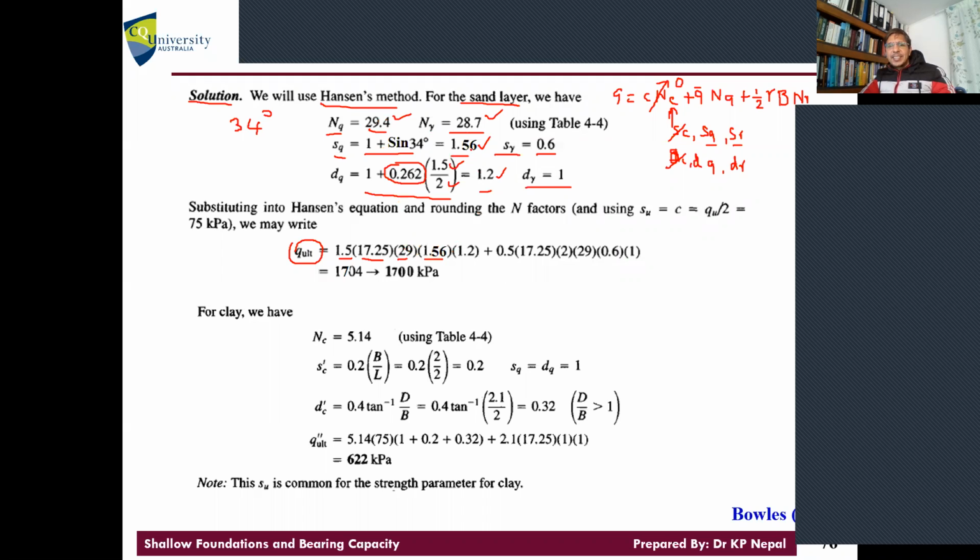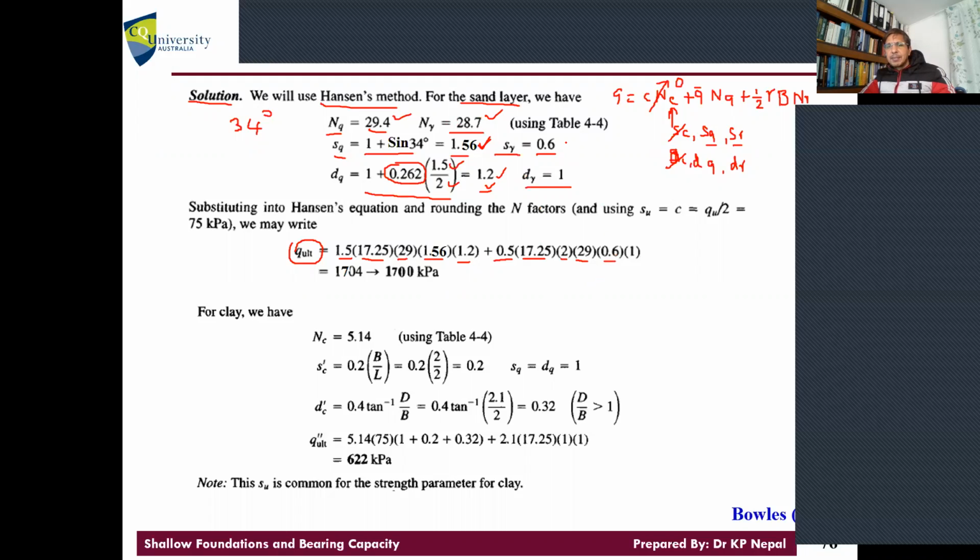We got that here, the shape correction, and the 1.2, which is the depth correction. For the second term, this is half, this is gamma, that's the width of the foundation B, and N gamma is 28.7, they write 29. But you can use the actual value anyway.